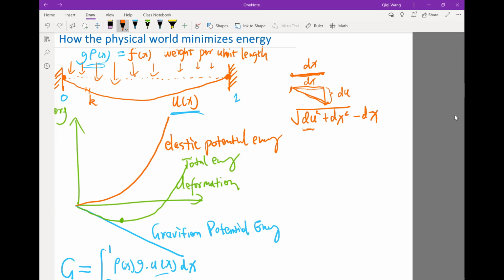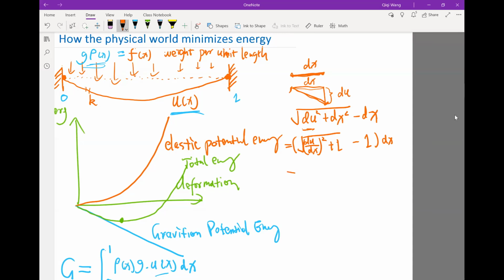So basically the slope of the string is small. If we discuss this case, we can do a Taylor series analysis in the following way. We can pull dx out of this equation. This is equal to something times dx, and that something is the square root of (du/dx) squared plus 1, minus 1. Agreed? I'm just pulling dx out of everything.